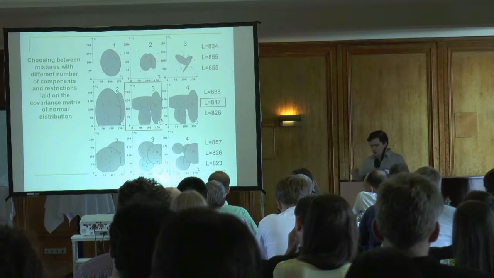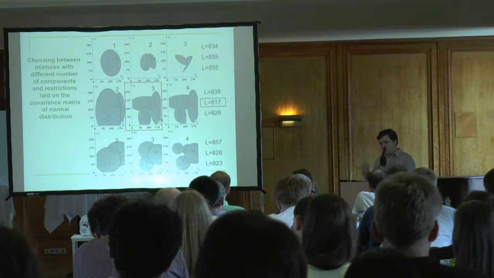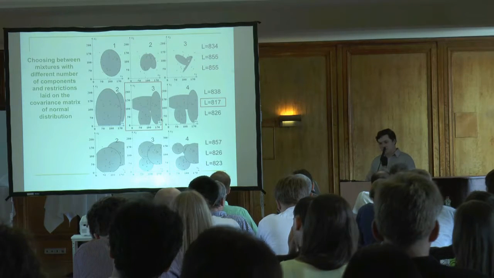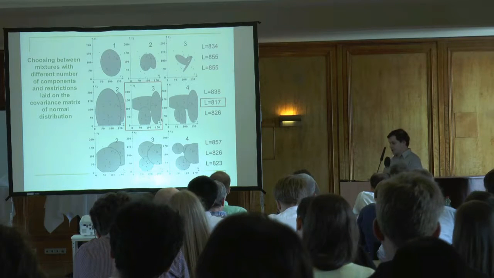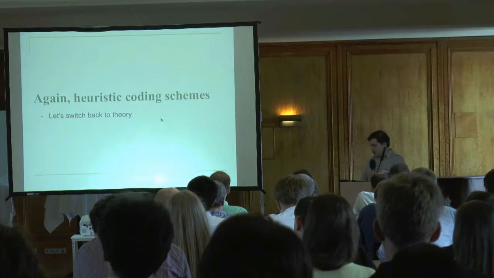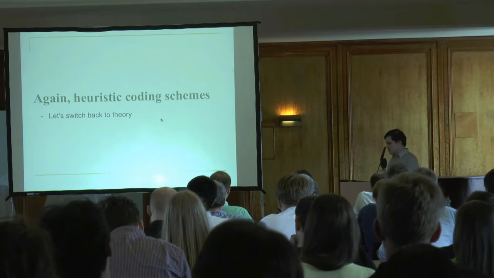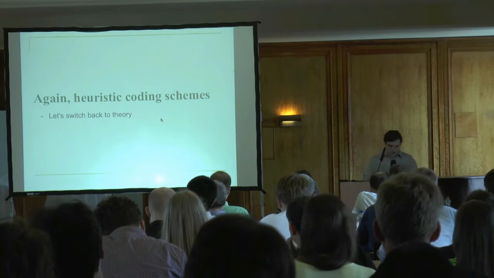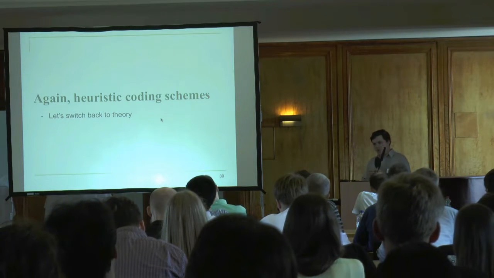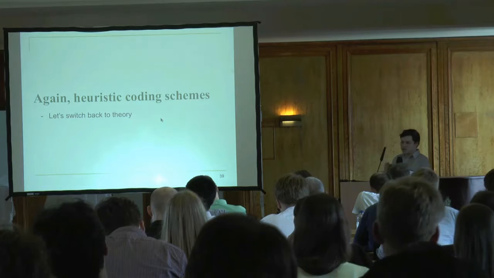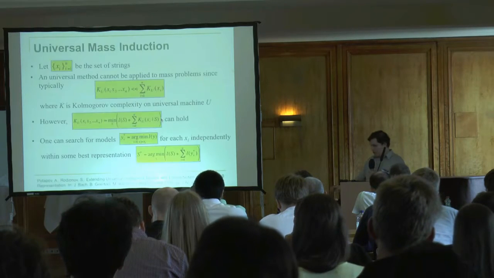So we can use the minimum description length principle together with pattern recognition methods in which representations are actually constructed. But in these methods, again, we use some heuristic coding schemes. So can we find some correspondences between representations and some notions in algorithmic information theory?